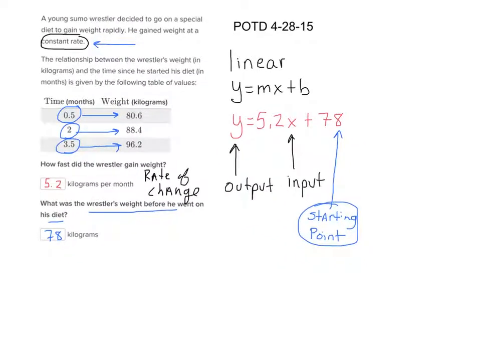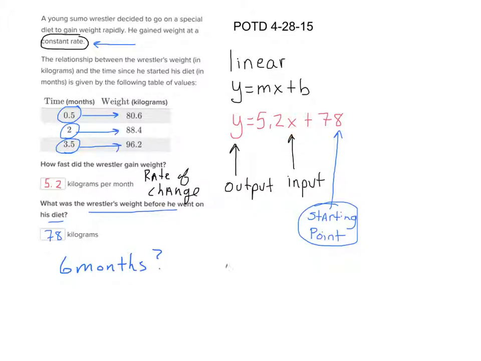Okay, we answered the question they asked, but tell me this. After 6 months, what would he weigh? Well, we can take that 6 months and plug it in for our input, x, right?